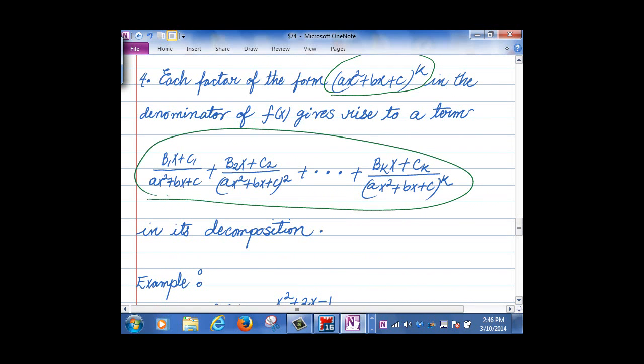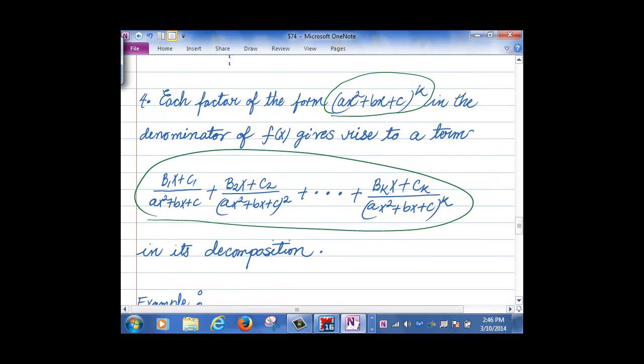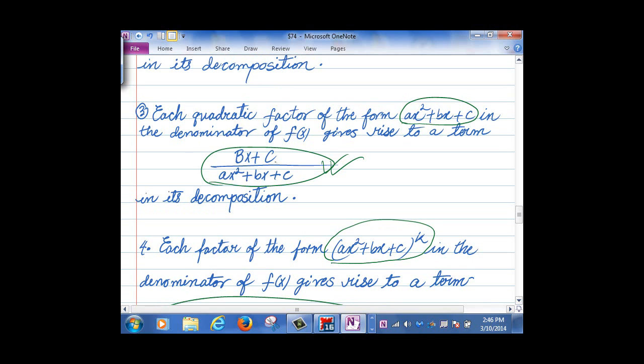Are B on top of the middle line and C on top of the line the same? Well, the C's are C1, C2, up to Ck. They are different. Which C are you speaking about? Oh, you're talking about number 3. Thank you for showing me that. It should be a different C. Both B's and C's are different on top.